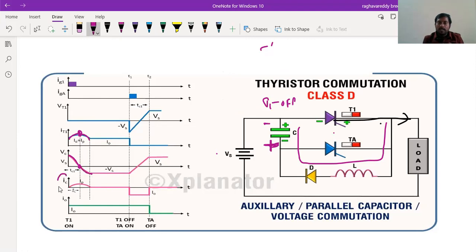And this is IC. Capacitor current is sinusoidal because, as I already discussed, in a tank circuit, if the capacitor and inductor are connected in series, then the current through this becomes sinusoidal in manner.